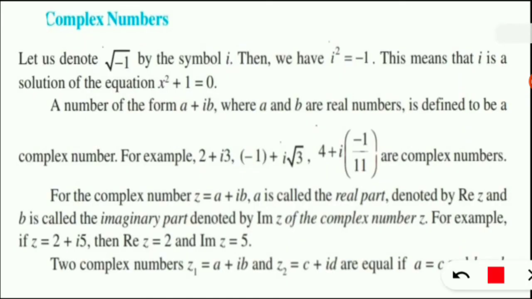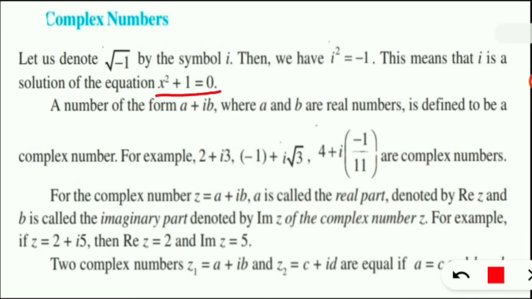Now the definition of complex numbers. Let us denote the square root of minus 1 by the symbol i. That means i equals the square root of minus 1. Then we have i square equal to minus 1. This means that i is a solution of the equation x square plus 1 equals 0.